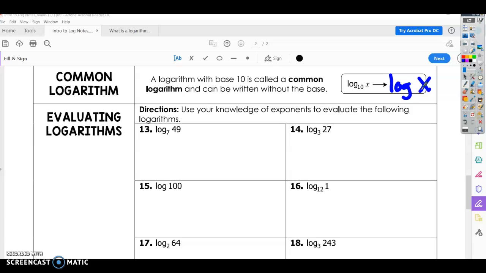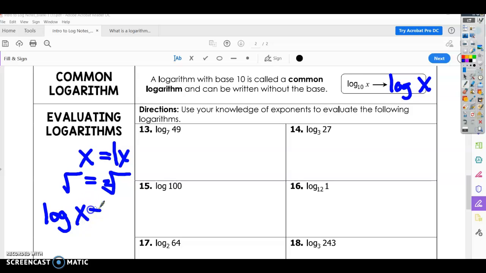If you have just an x, that equals 1x. If you have a square root, that equals the square root. And if you have log of x, that equals log base 10 of x. So this is called our common logarithm. This is just something you have to memorize and get familiar with. If there's no base, that means base 10.